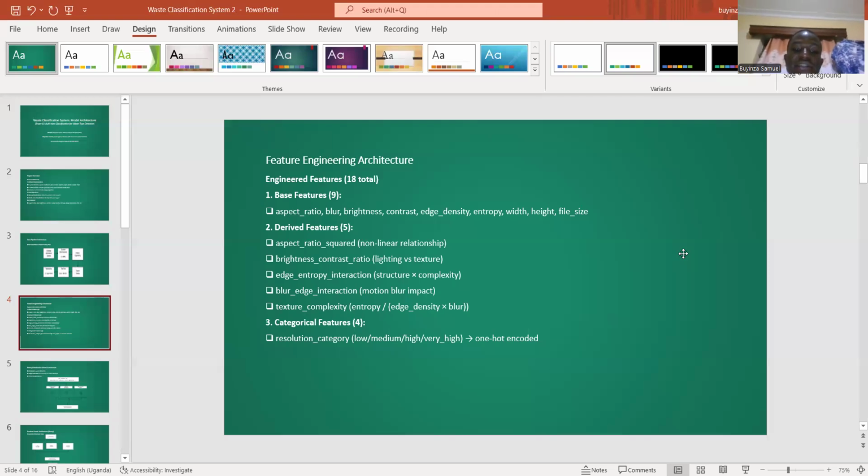When we look at the categorical features, here we look at the resolution category where we have low, medium, high, very high, which lead us to one-hot encoded features.